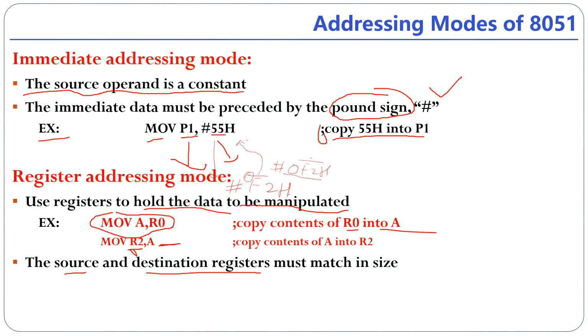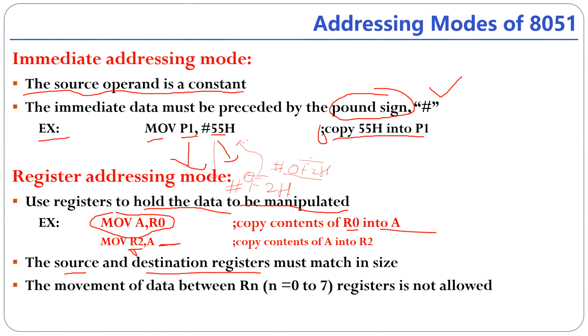Now, movement of data between Rn, which is R0 to R7, the eight registers, is not allowed. Understood? Data transfer between R0 to R7 registers is not allowed.